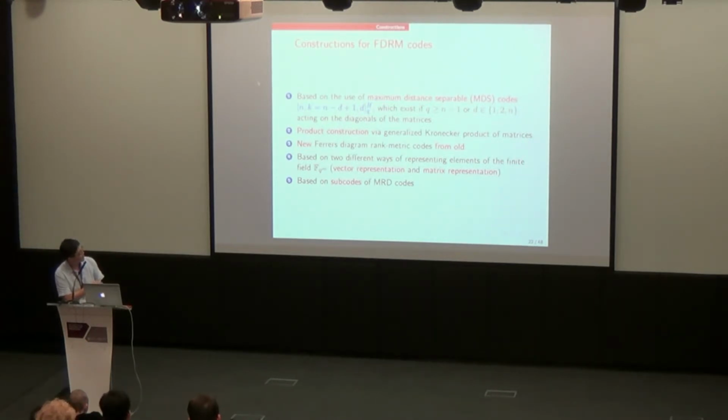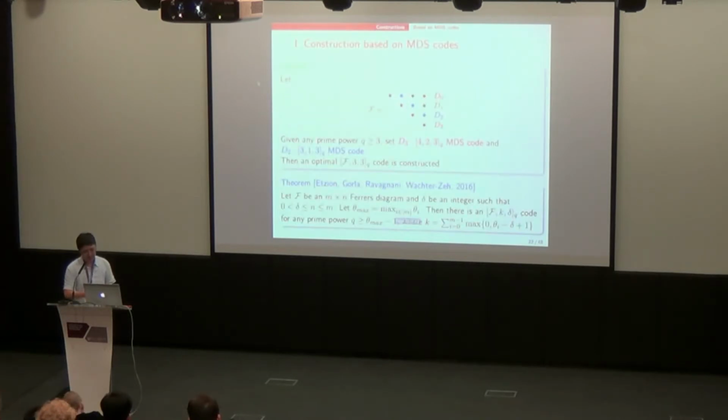It is known that this code always exists for q greater than or equal to n minus 1. This construction was first given by Etzion and his colleagues. Okay. I will illustrate their idea by this example.